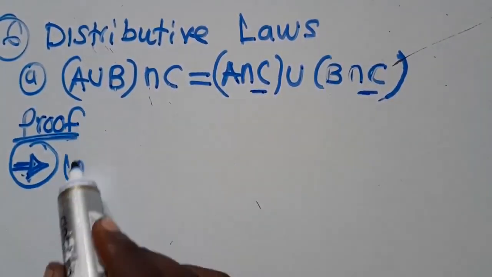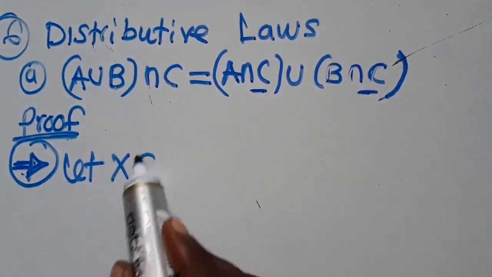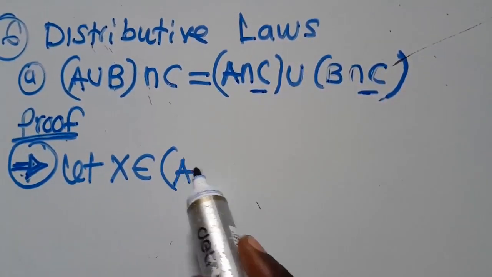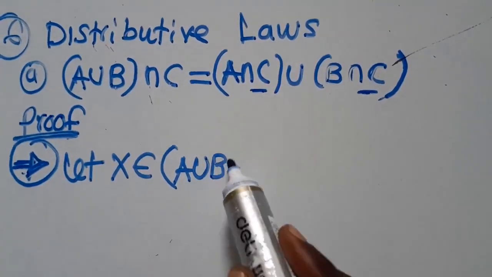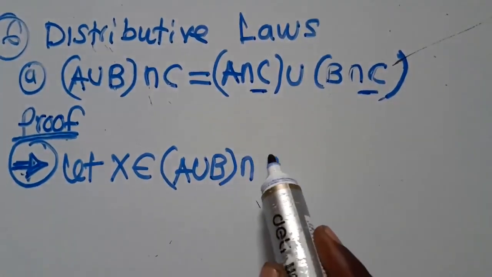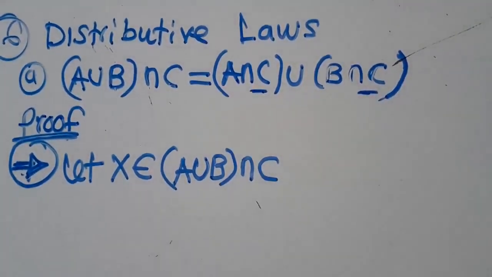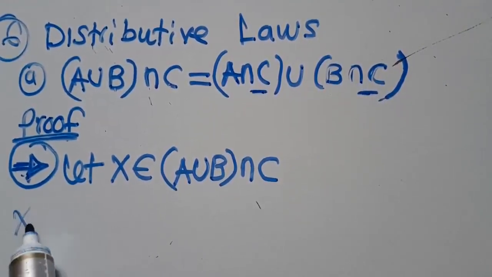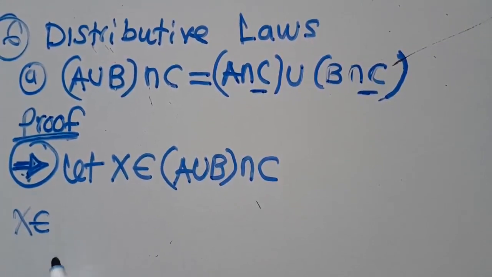We are starting with, you say, let X be a member of A union B intersection C. Meaning that X is a member of what?